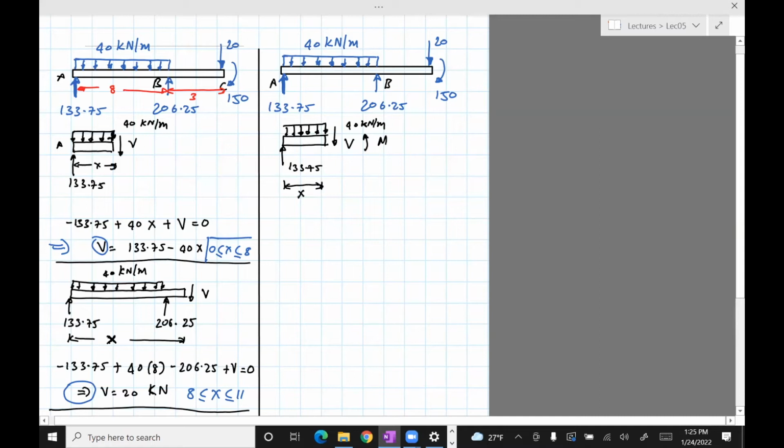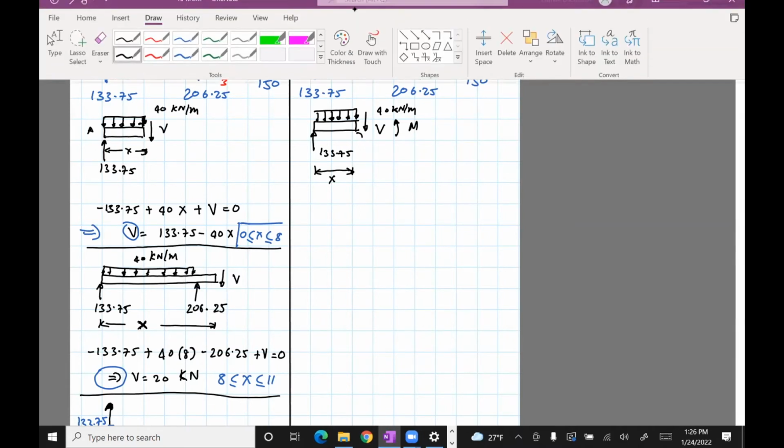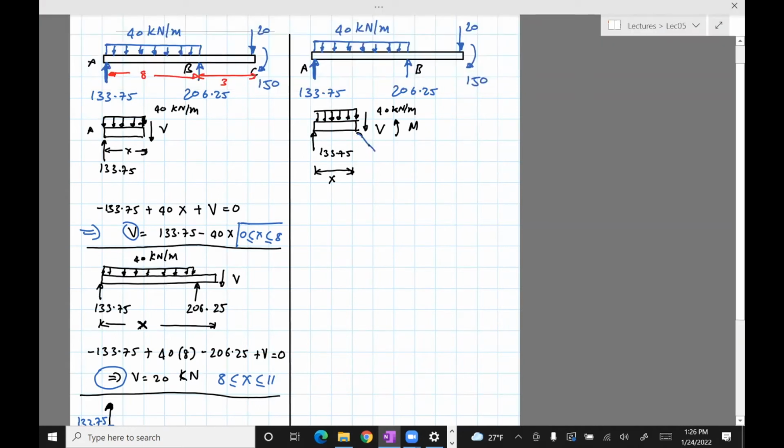So now let's write the equation of moment equilibrium. I would take moments about this point. Now, if you don't want to do that, you can take moments about A, that's fine too.